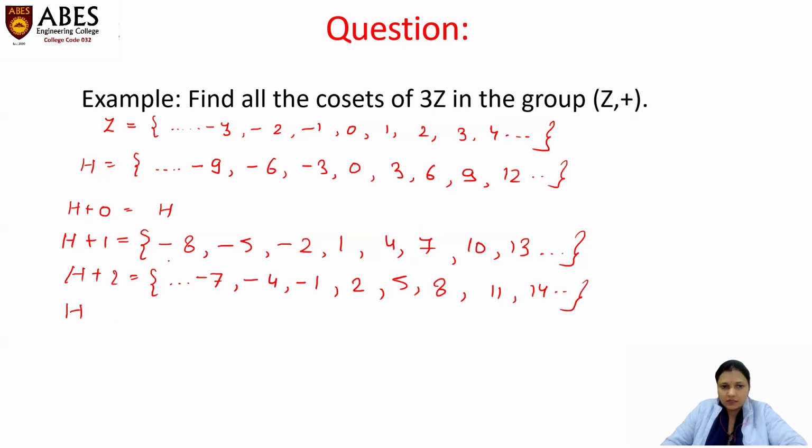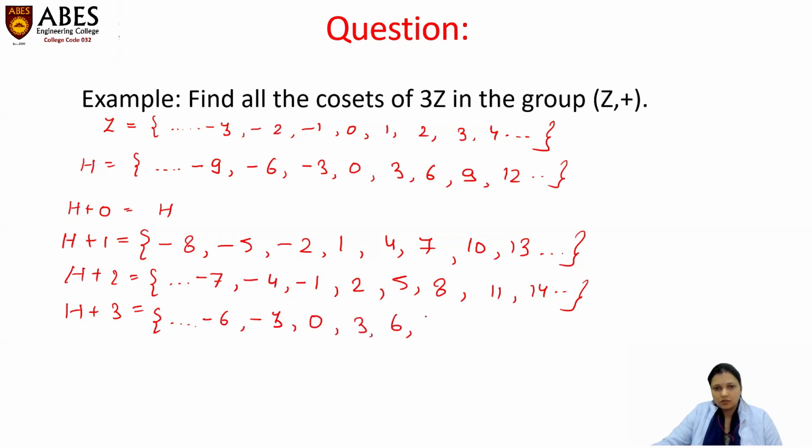Now H plus 3. We will check whether it is repeating. We will find the cosets until we get a repeated set. H plus 3 will be -9 plus 3, which is -6, -3, 0, 3, 6, 9, 12, 15.